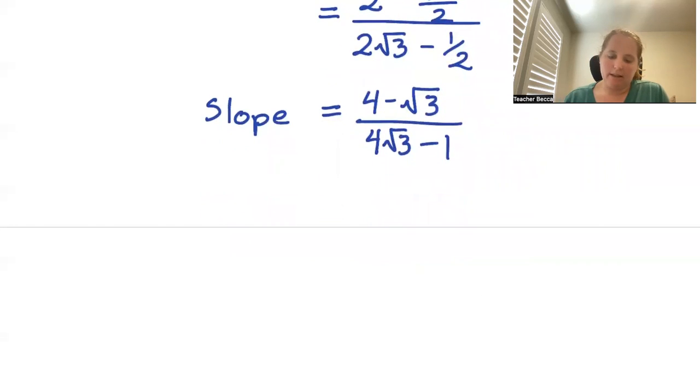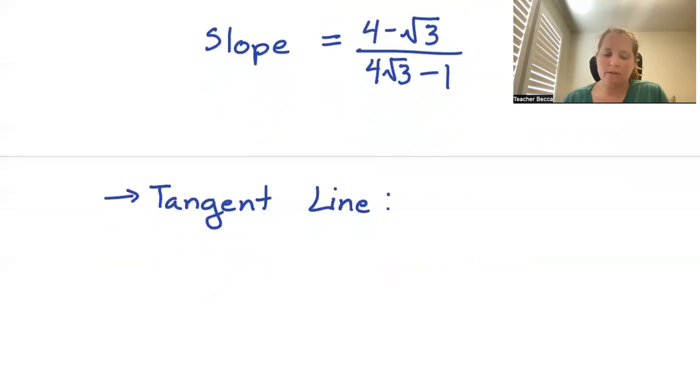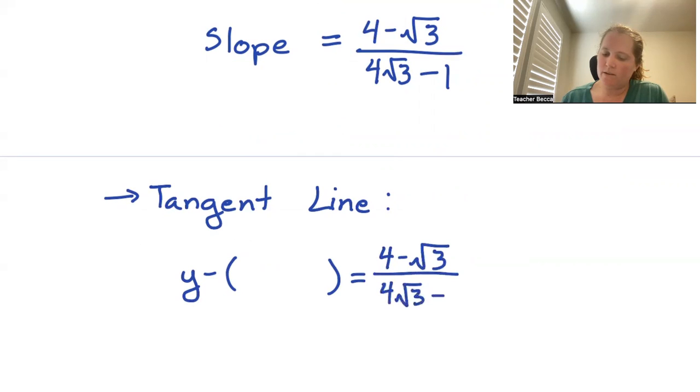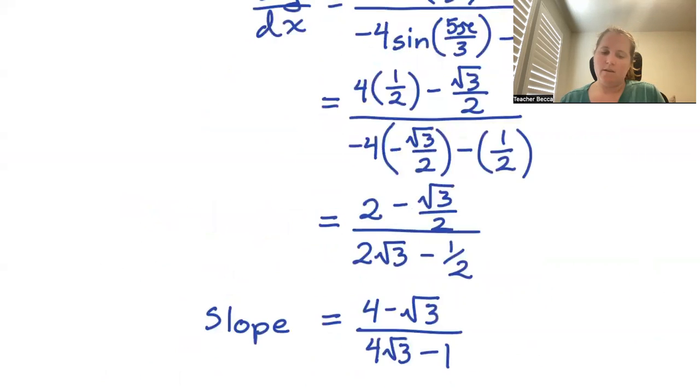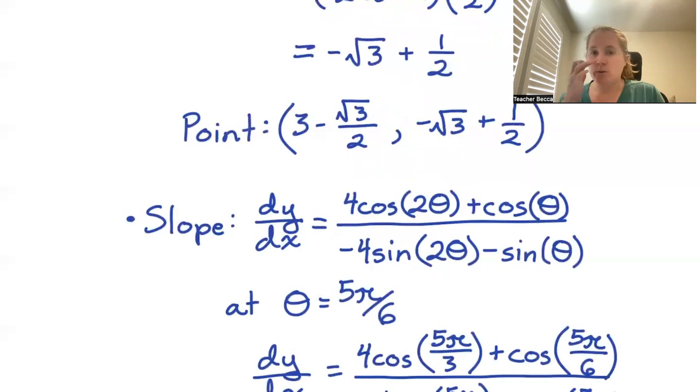So our tangent line: we know our point and we know our slope. We have y minus the initial y value is equal to our slope, 4 minus root 3 over 4 root 3 minus 1, times x minus our initial x value. So our x value is 3 minus root 3 over 2.